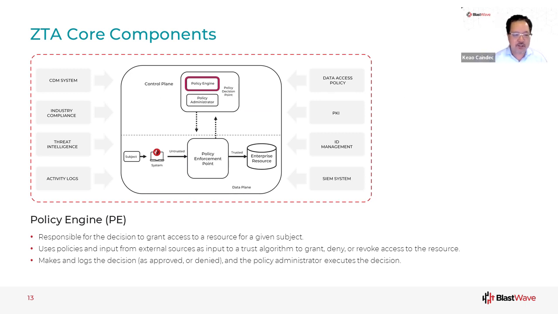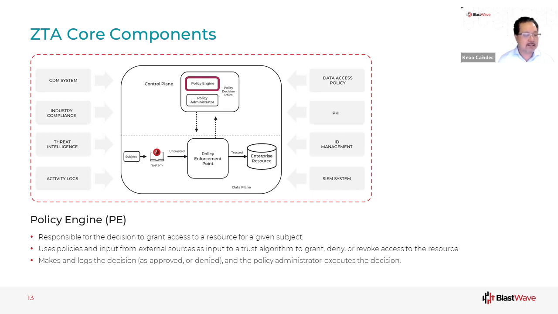So the policy engine is typically some set of software. It could be third-party software or provider. It could be something that you develop yourself. But basically it is responsible for the decision of granting access to a resource.